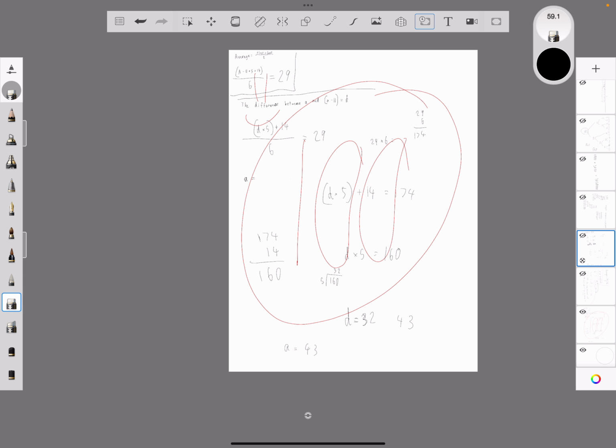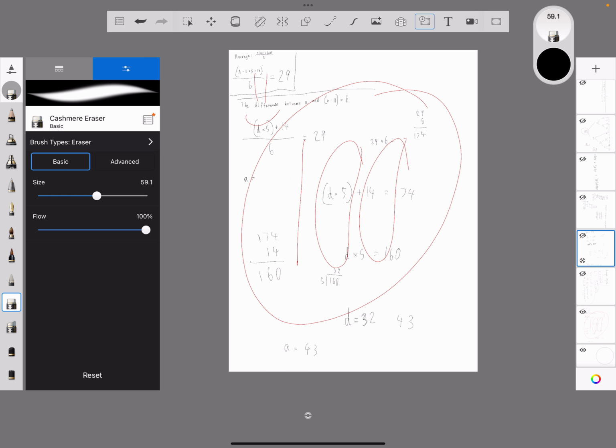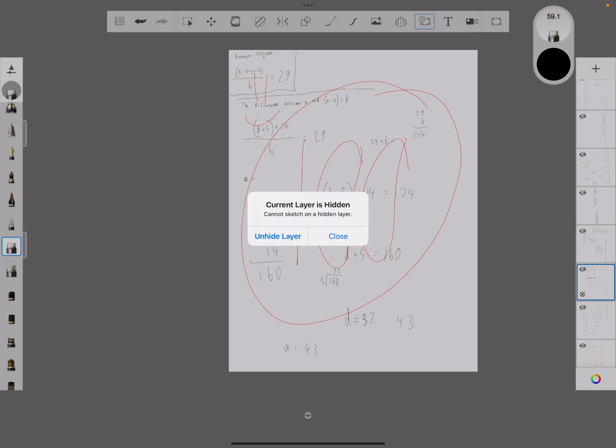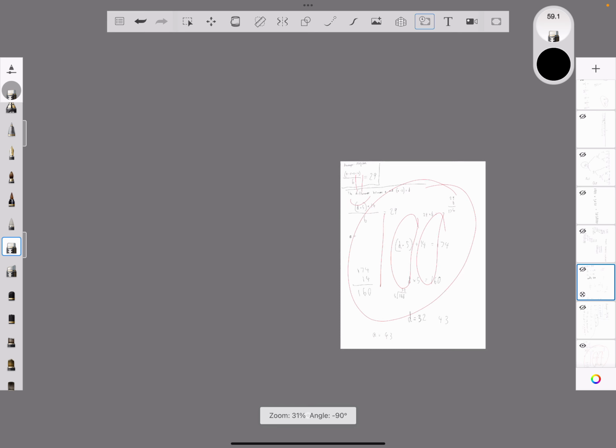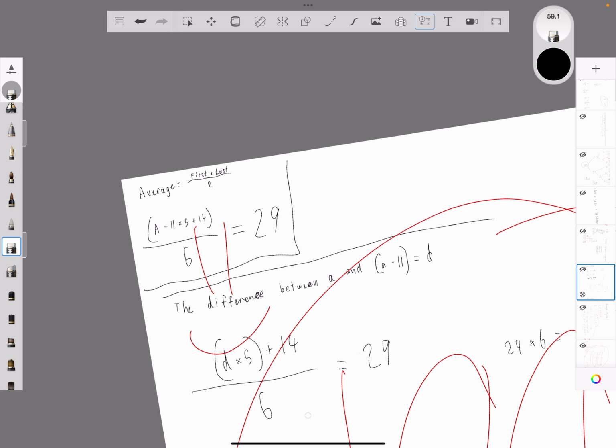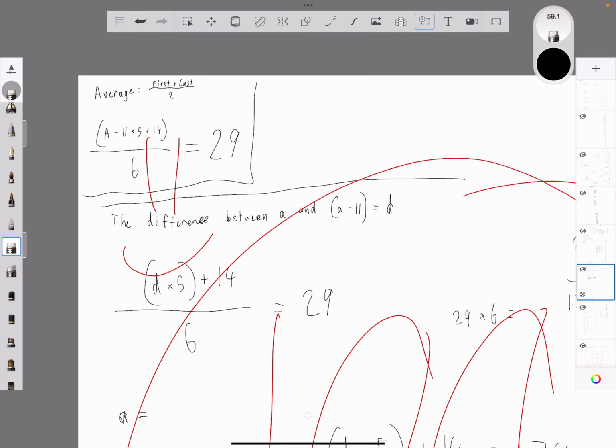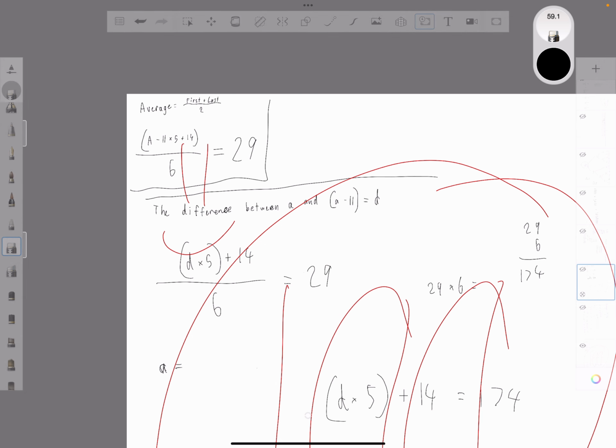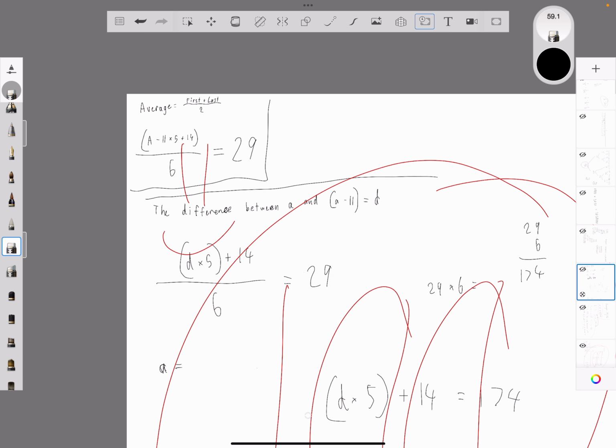Okay, let's just ignore the red thing. A minus 11 equal D. Okay, the difference between A and A minus 11.